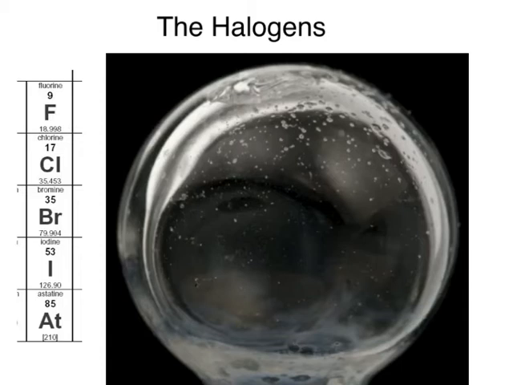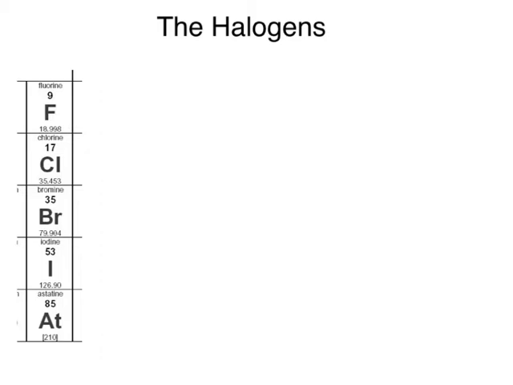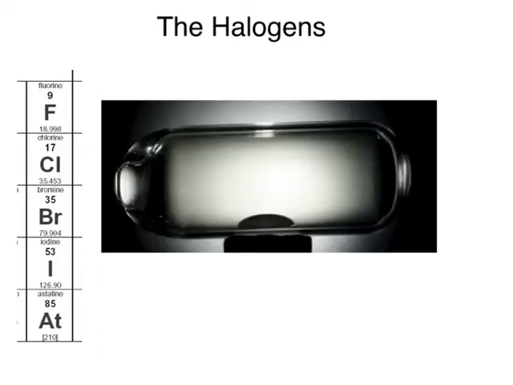Now as we move down the group, we'll do chlorine next. Chlorine is a very, very pale green gas. You can see it is slightly darker in colour than the fluorine, but it is a gas as well.